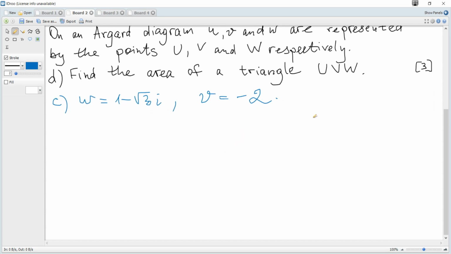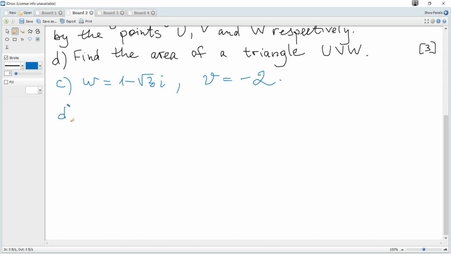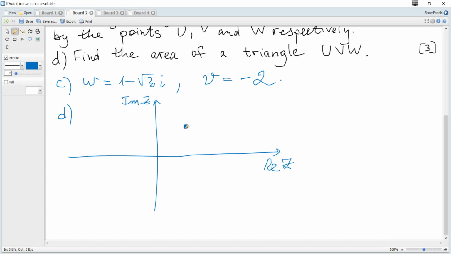Question D: find the area of triangle UVW. So let's represent U, V, and W on the Argand diagram. The x-axis is the real part, the y-axis is the imaginary part, and point U is somewhere here with coordinates 1 and root 3, and symmetrically about the x-axis, it's W, which is 1 minus root 3 i, so it's negative root 3, and V is somewhere here, and its x coordinate is negative 2.